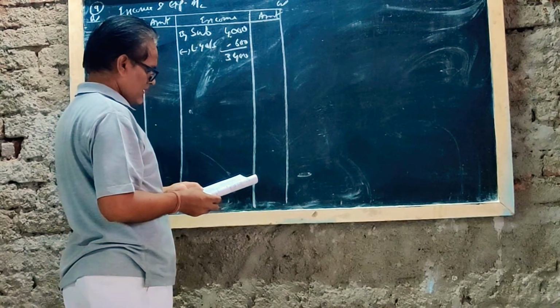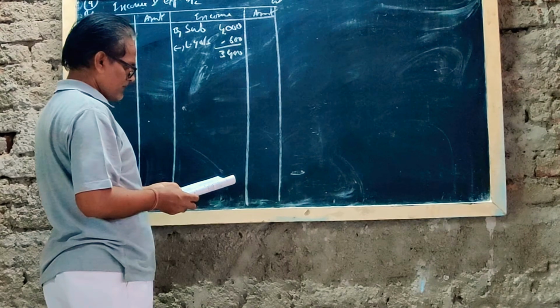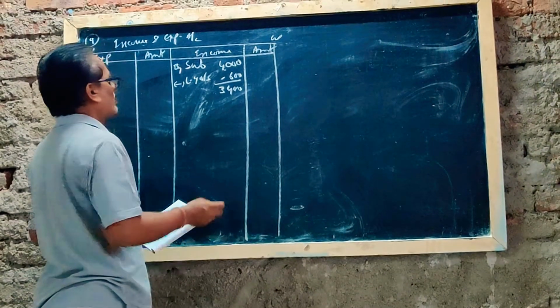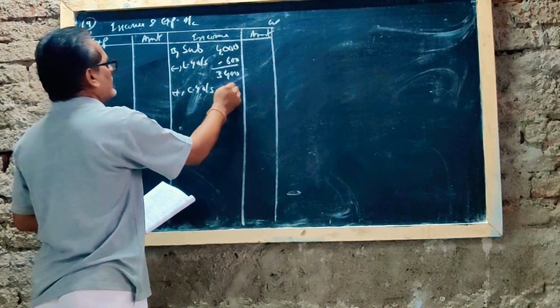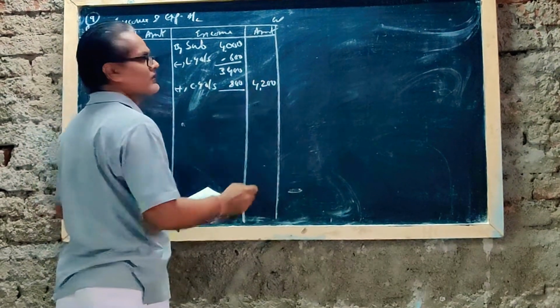In paragraph D of the adjustments, the arrears of membership subscription for 2005 amounted to 800 rupees. So this is this year's outstanding amount. So add current year outstanding 800 rupees, so 4,200 rupees.